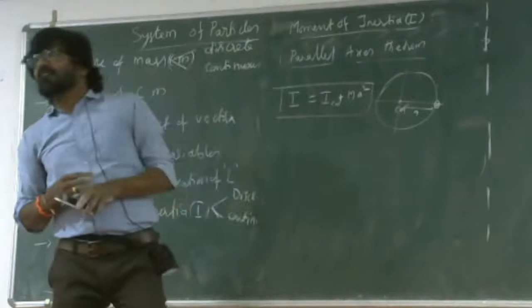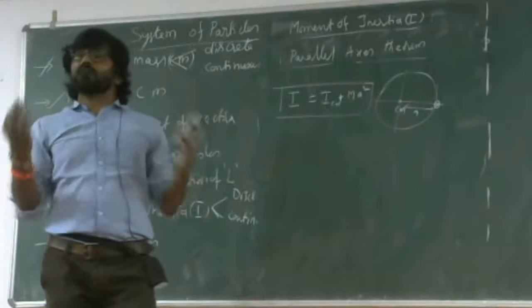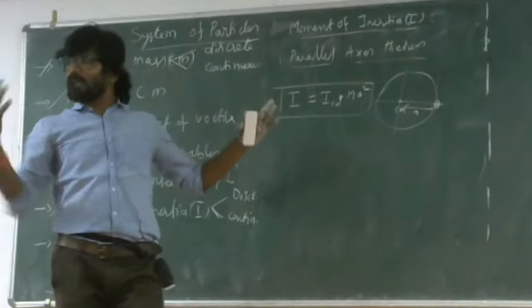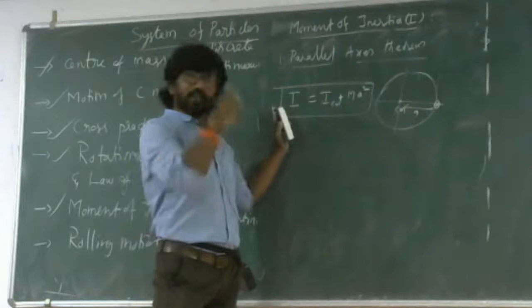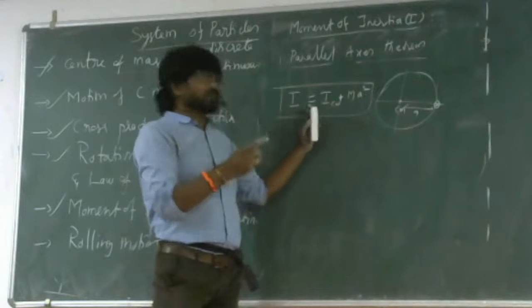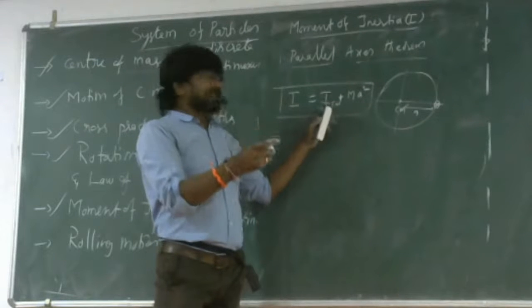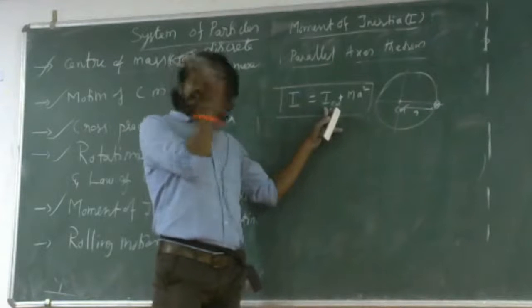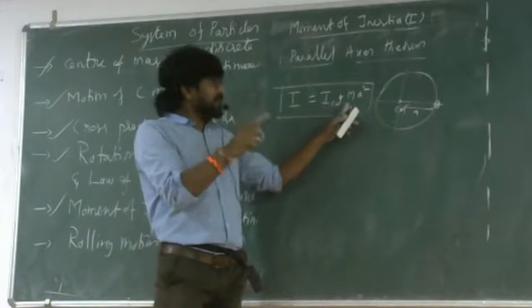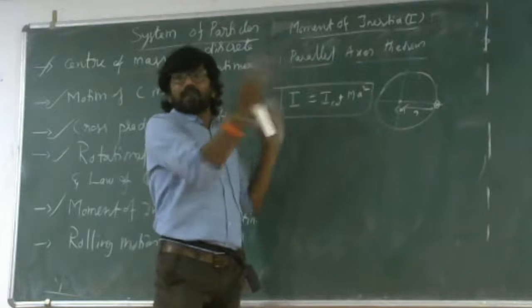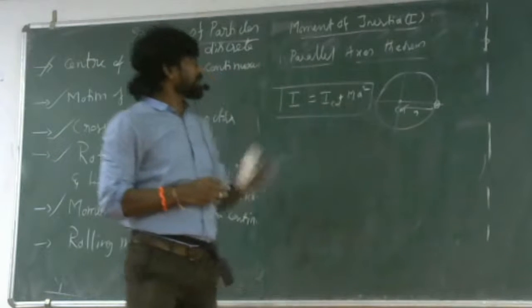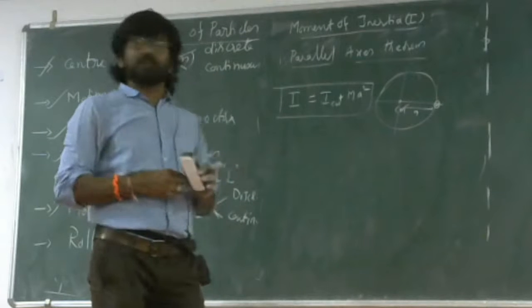So according to the parallel axis theorem, the moment of inertia of any body, for a disc or a sphere or cylinder or ring, whatever it is, about any axis is equal to the sum of the moment of inertia about a parallel axis passing through the center of mass and the product of mass and the distance between the parallel axes. This is called the parallel axis theorem.